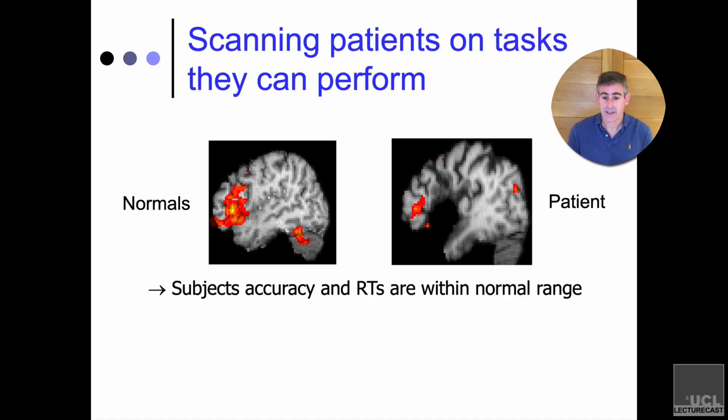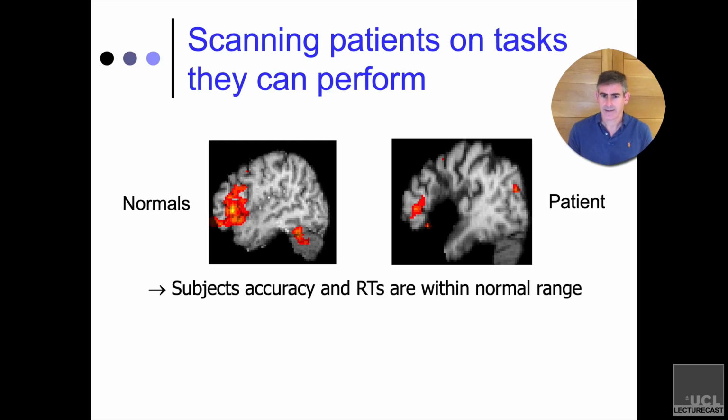Despite the fact that, as you can see on the right, this is a given patient who is missing a large part of that prefrontal cortex that would be active in normal subjects, and yet he does the task as accurately as normals and as quickly as normals. In other words, his behavior is exactly within the normal range.